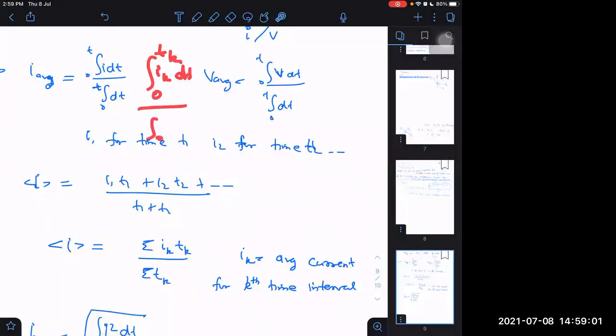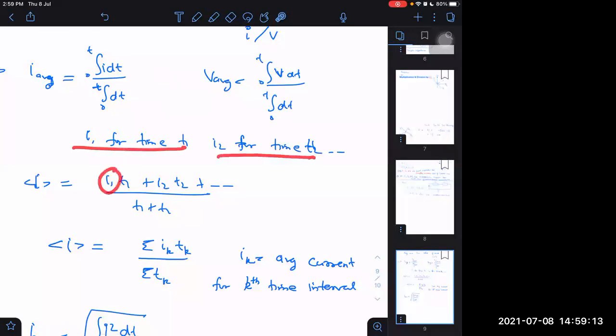So these currents are themselves average currents. But if they say it is a constant current for t1 time and a constant current for t2 time, then obviously the average is also equal to the constant current. When current remains constant, there is no difference between instantaneous and average, right or not?